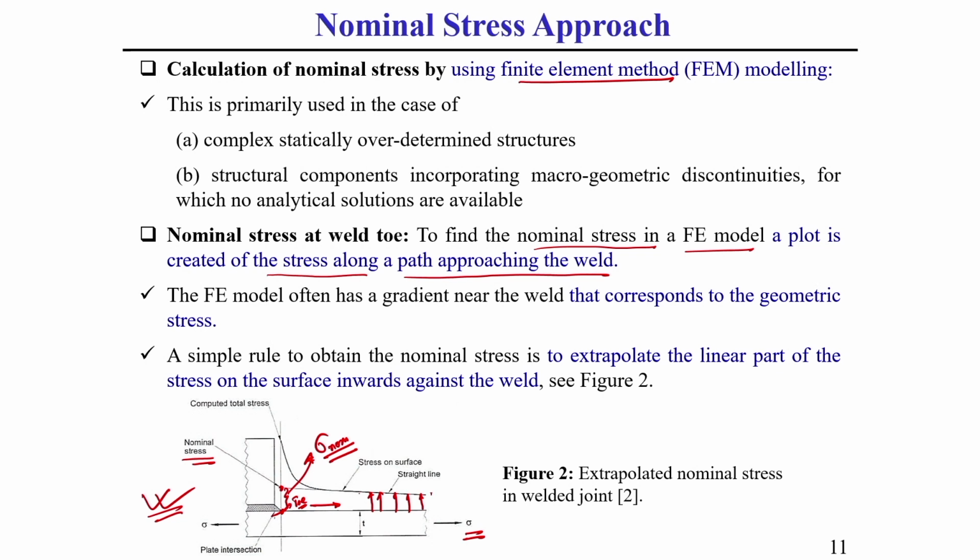The FE model often has a gradient near the weld that corresponds to the geometrical stress. What we observe is that after we come close to the weld zone, the stress value starts increasing. That means a stress gradient starts occurring. Stress changing with distance is called a gradient. So, the FE model often has a gradient near the weld that corresponds to geometrical stress.